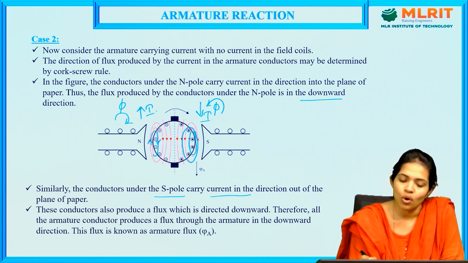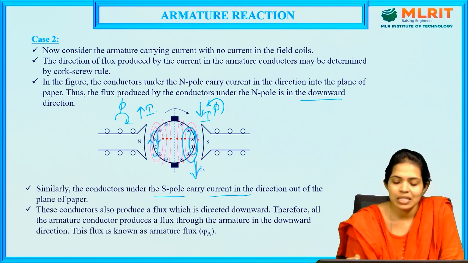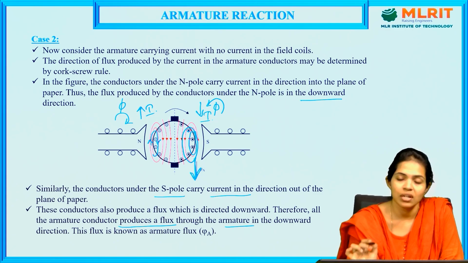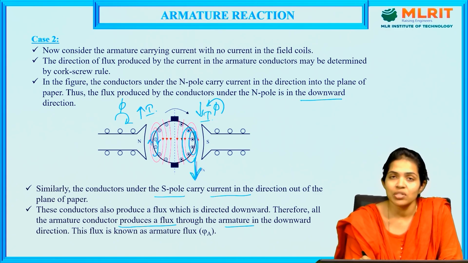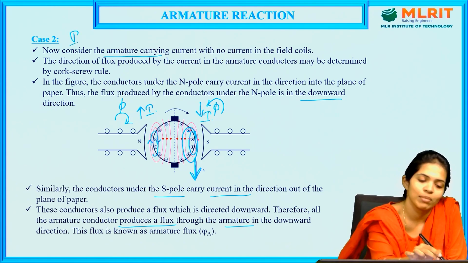These conductors also produce flux directed downwards. So totally, the armature conductors produce a flux through the armature in the downward direction. This is the direction of the armature flux in case 2, when there is armature current and the field current is absent.